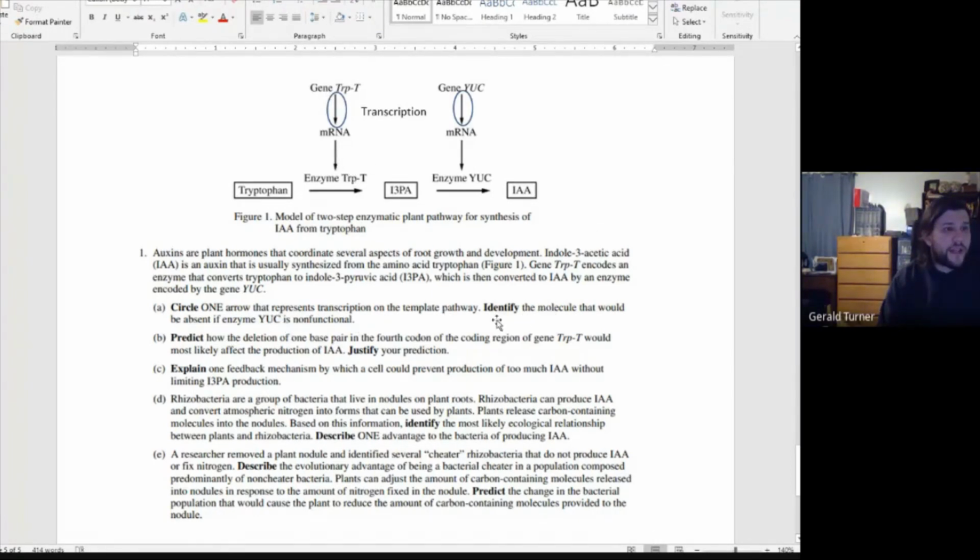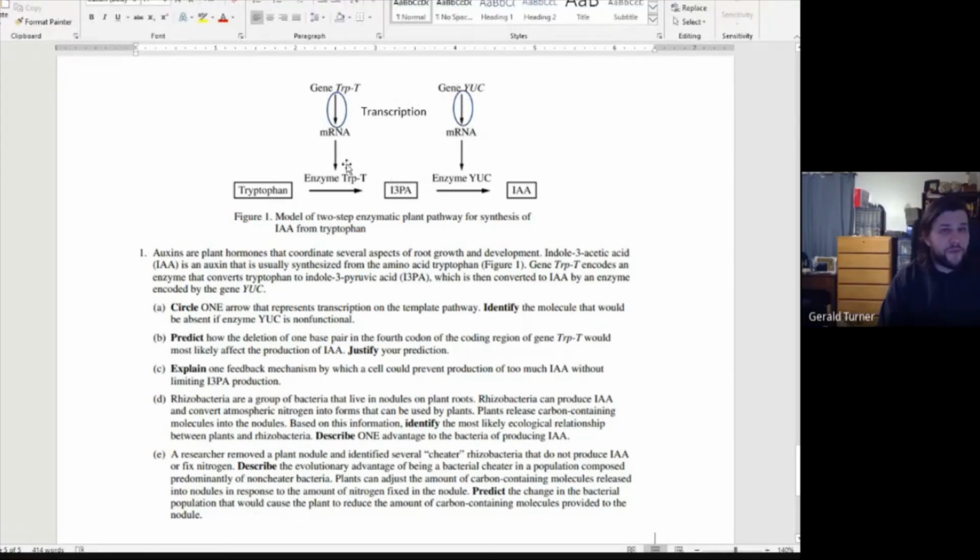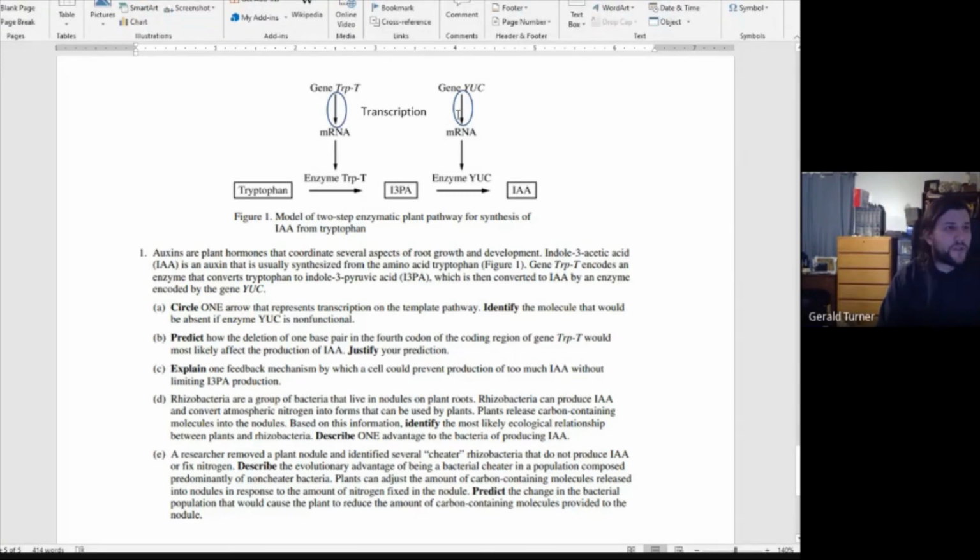Also, identify the molecule that would be absent if the enzyme YUC is non-functional. So if TRPT is working, but YUC isn't, this pathway is going to go until it gets to the thing that's broken. So tryptophan would get converted to I3PA. Enzyme YUC is broken, so we aren't getting any IAA.